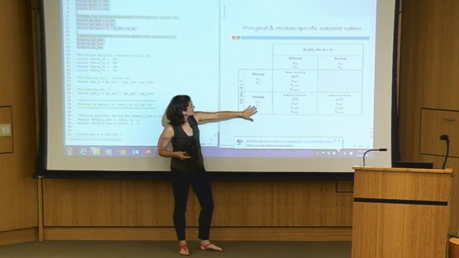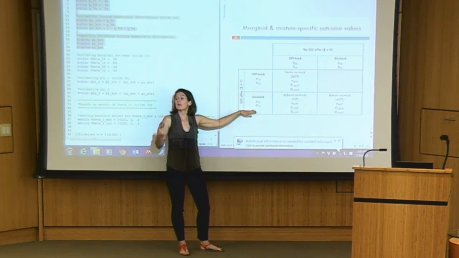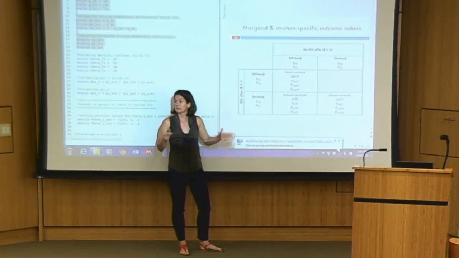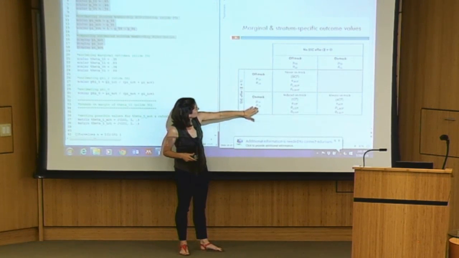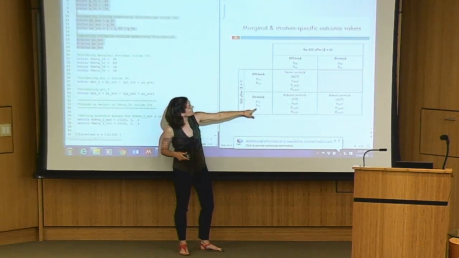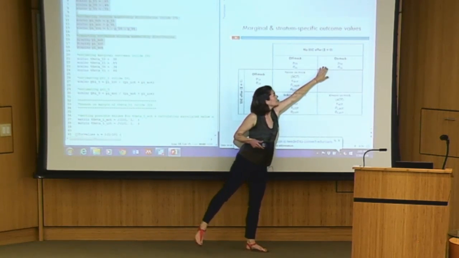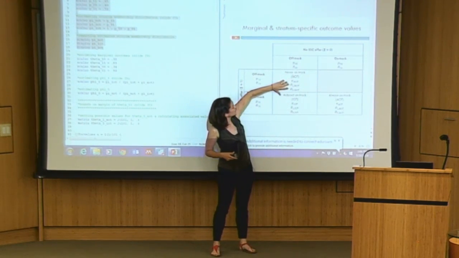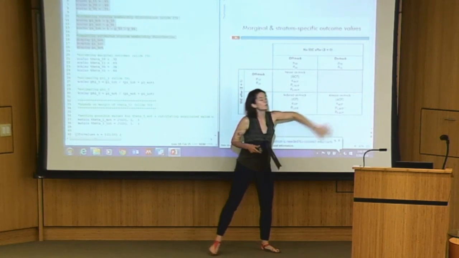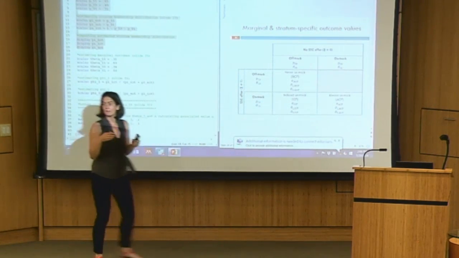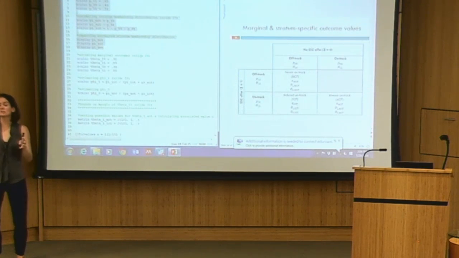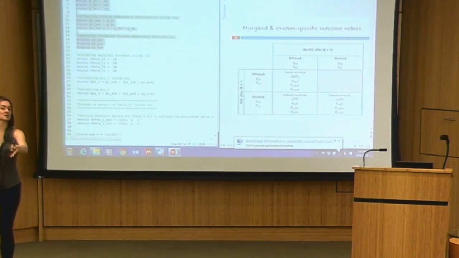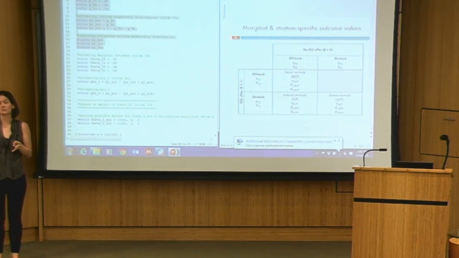Theta 1,1 is our outcome. So did they graduate or not? Did they graduate on time? So we're still working with a binary outcome. Did they graduate or not under assignment to the treatment condition if they were on track? Similarly over here. And then in each of the 4 strata, we need to think about what's the value of that outcome for students in the strata given they were assigned to treatment, and students in the strata given that they were assigned to control.